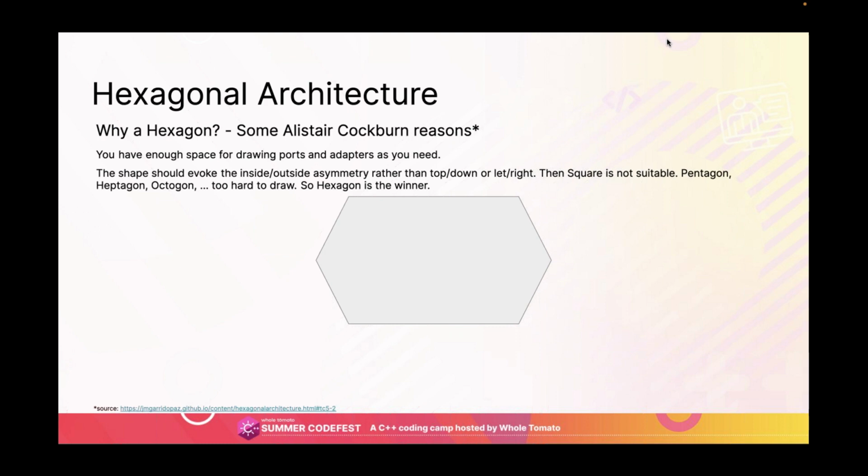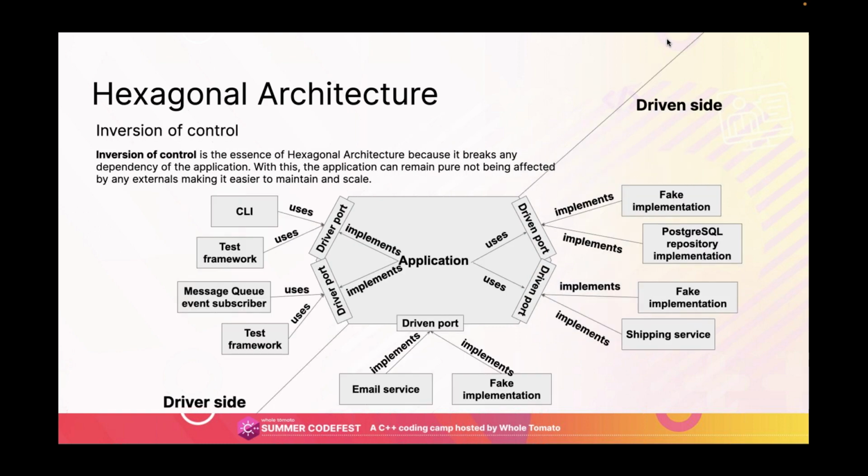Alistair, the guy that invented hexagonal architecture, said that the hexagon has enough space to drive a lot of ports and adapters around it. He wanted to evoke the inside and outside asymmetry rather than top down, left and right. A square is not suitable, pentagon, heptagon, octagon are hard to draw, so the hexagon is the winner. There's no particular reason for it being a hexagon. I guess he just felt it was the nicest choice.